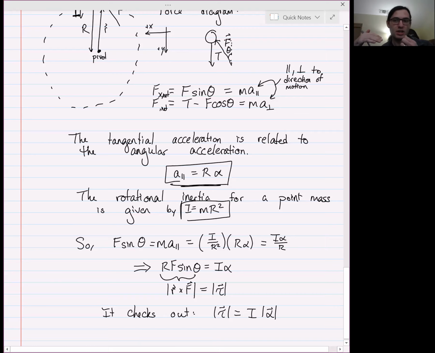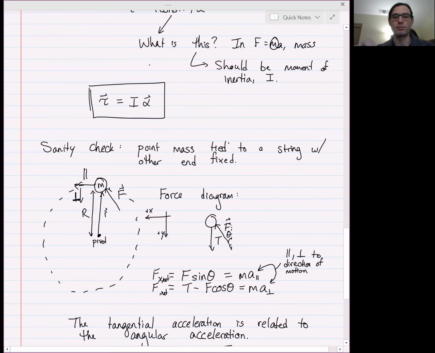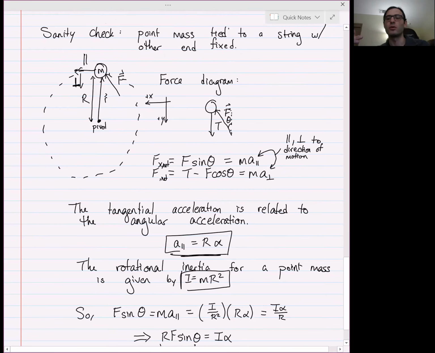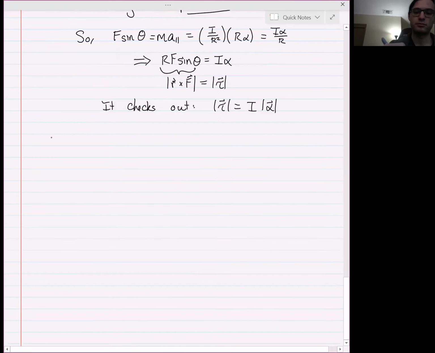So with that in mind, now that we have this rotational second law, the only difference between solving a rotational problem and solving a translational problem is, let me actually write this down, between translational and rotational problems.